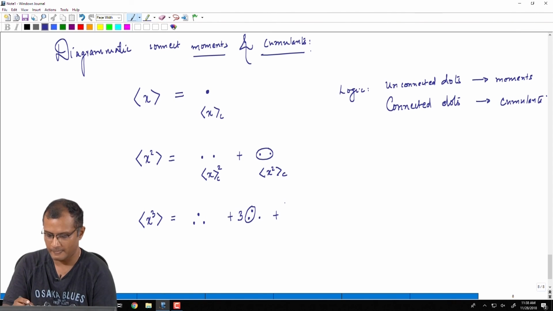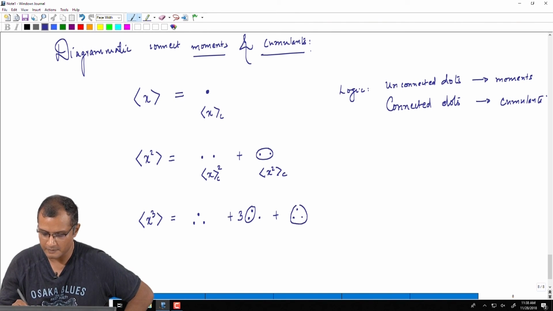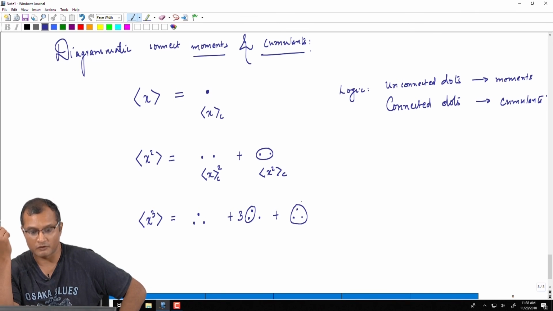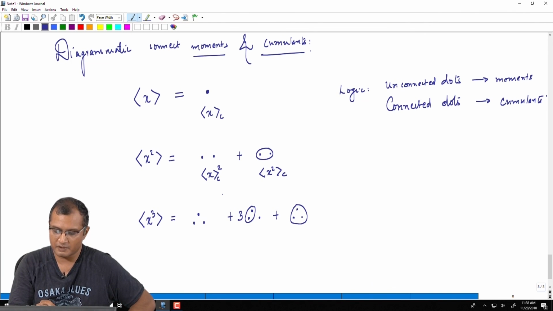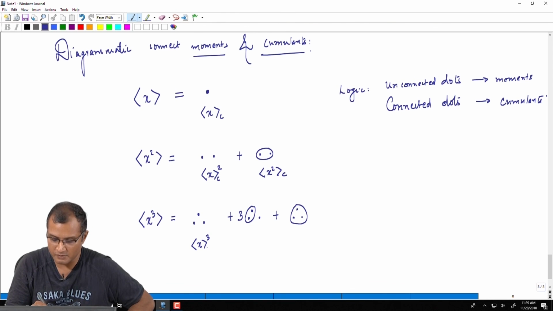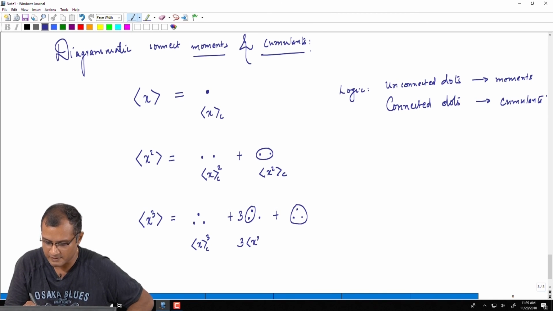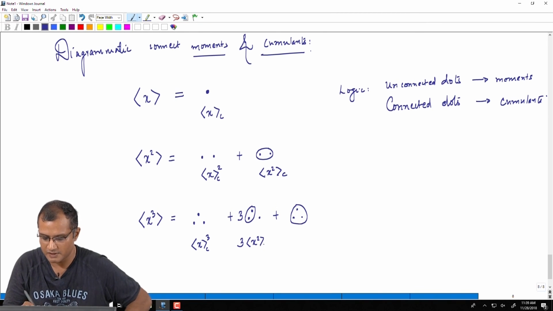So, I am going to write down 3 times this, plus I can take all of them together. There are no more ways. If you take 3 disconnected dots, this is nothing but the cube of the first moment, but the moment is also a cumulant, so the first cumulant cubed, plus 3 times the second cumulant, because I have connected 2 dots.